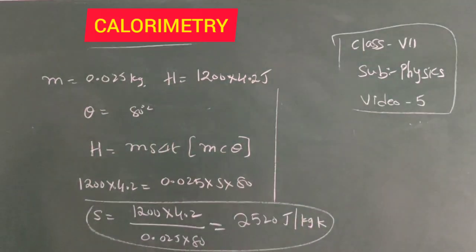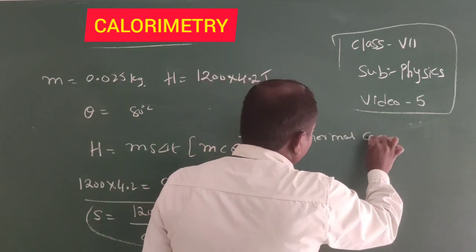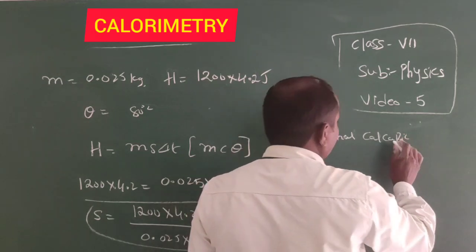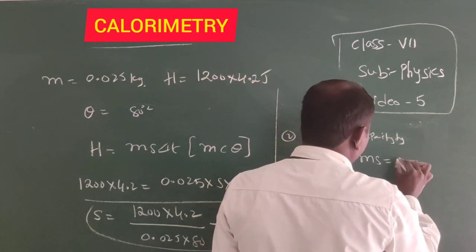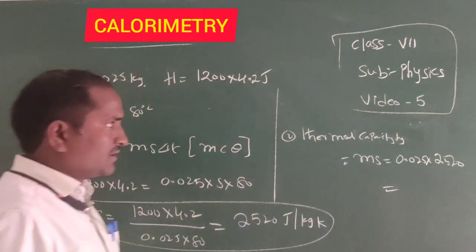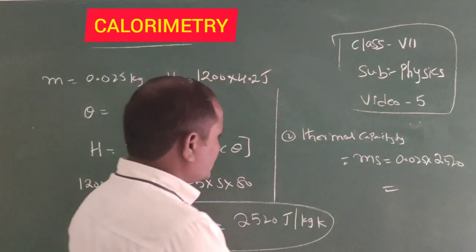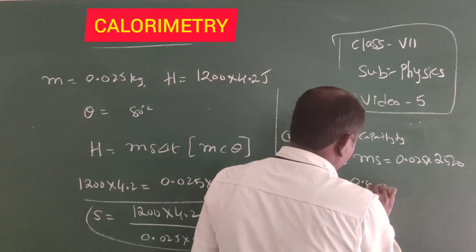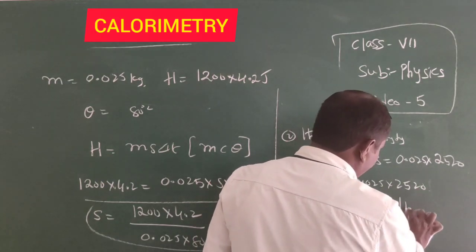Next, the thermal capacity, which means mass into S. Thermal capacity equals m into S, which equals 0.025 into 2520, that equals 63 joules per Kelvin.